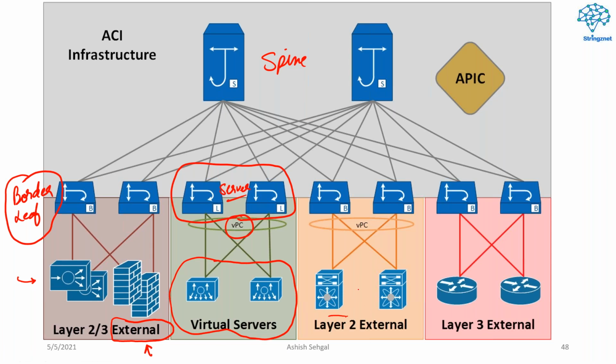Those external devices could be Nexus switches or Cisco IOS layer 2 switches. Those external devices could be our layer 3 routers, say Cisco IOS running routers or layer 3 running Nexus switches. So it is just a matter of what the leaf switches are connected to.